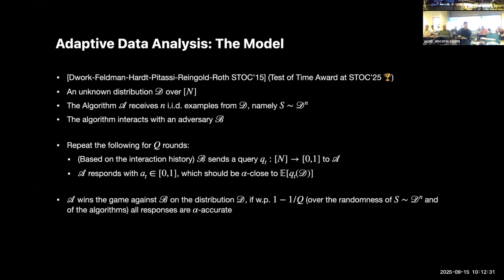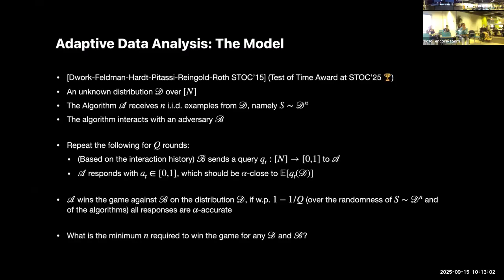We say the algorithm wins the game against the adversary on this distribution if, with high probability over the randomness both of the initial data points you draw, because you can be unlucky with your sample, and the randomness of the algorithm and the adversary, all the responses are alpha accurate, or alpha close to the population mean.